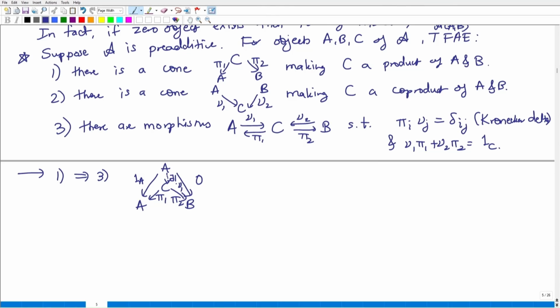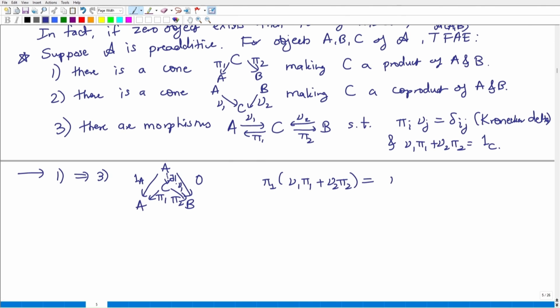Okay. So for the 5th one, consider this. We are going to use uniqueness of factorization. So pi 1 composed with nu 1 pi 1 plus nu 2 pi 2. Consider this. What will it give us? Pi 1 nu 1 is? Pi 1 nu 1 is 1.